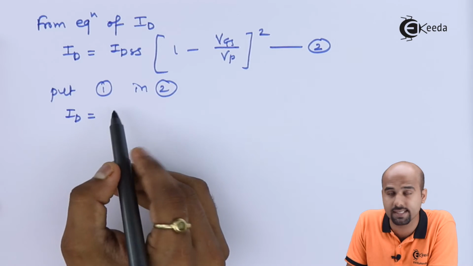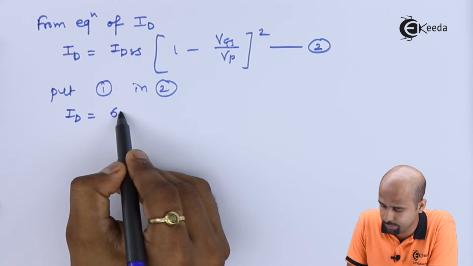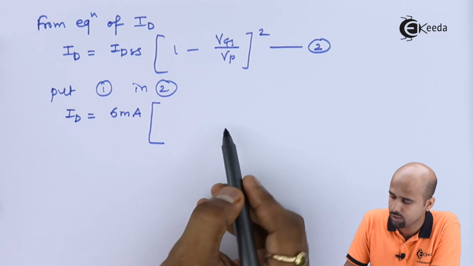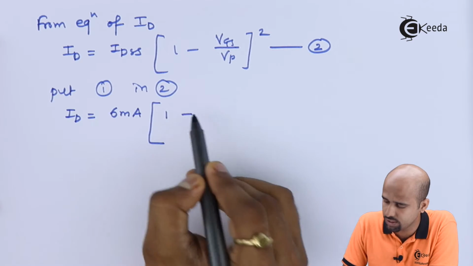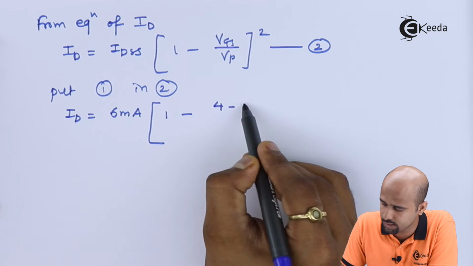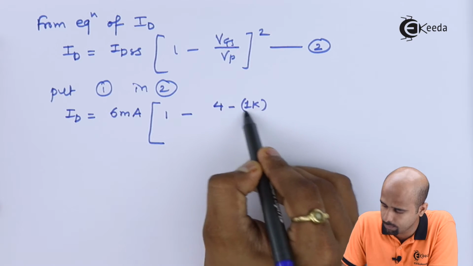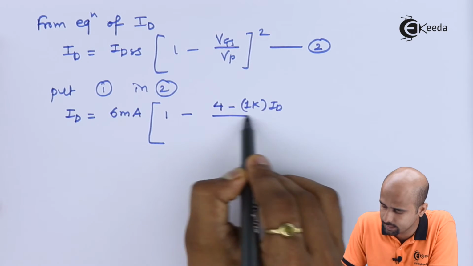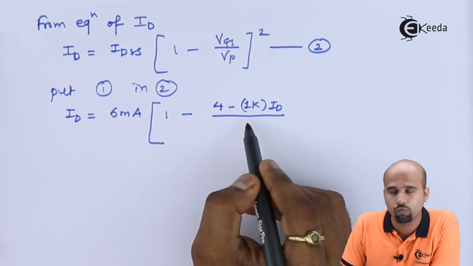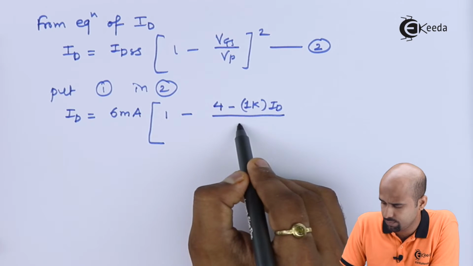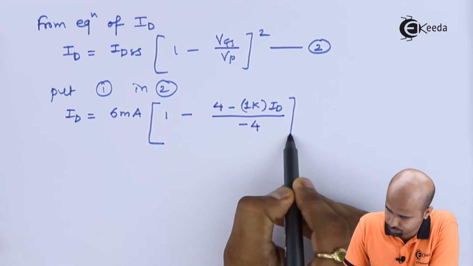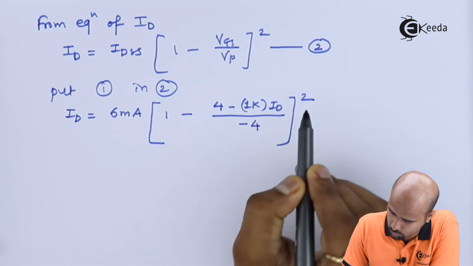What's the value of IDSS? It's nothing but 6 milliampere. What's the value of VGS from equation number 1? That is 4 minus 1K multiplied by ID divided by VP, which is given as minus 4 volts. We'll take this square.